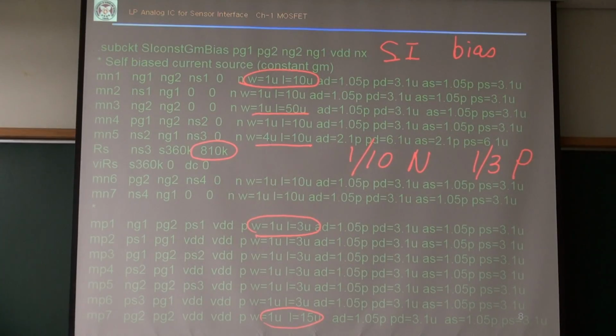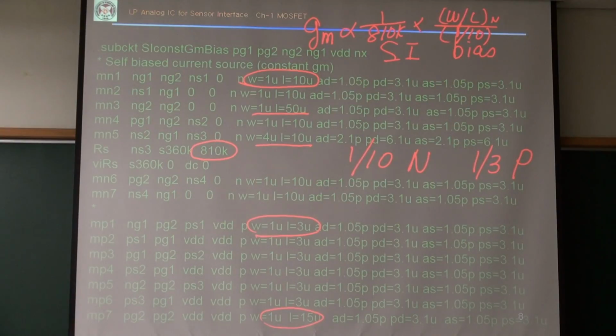So all the GM of the transistors connected to strong inversion is proportional to 1 over 810K and the W over L ratios. What's the W over L? 1 by 10.